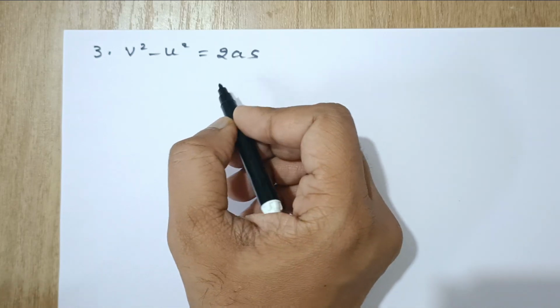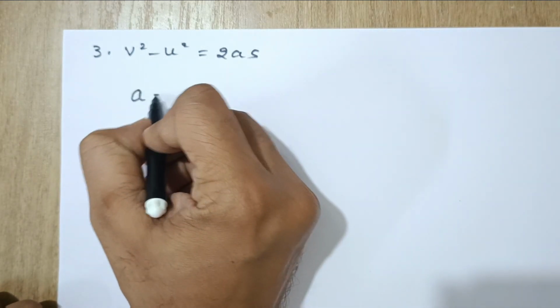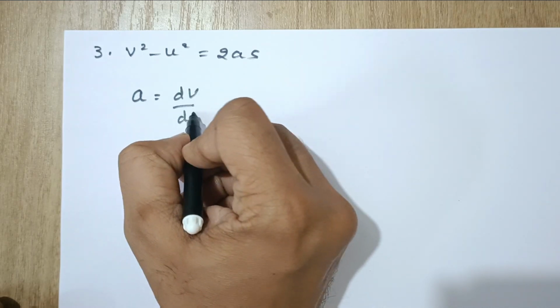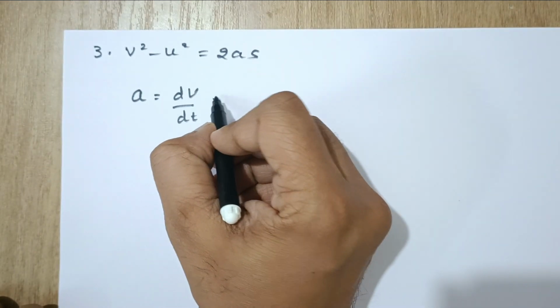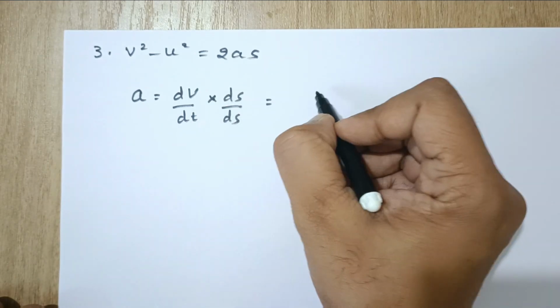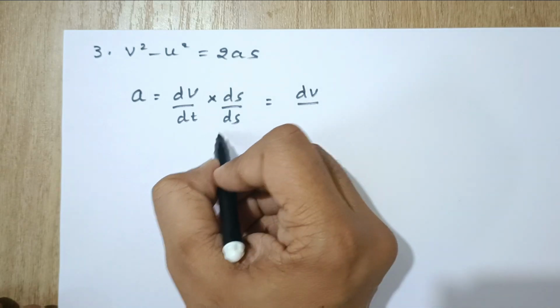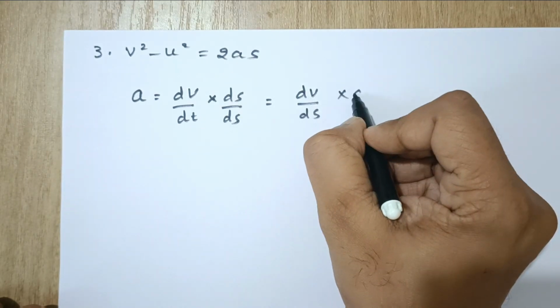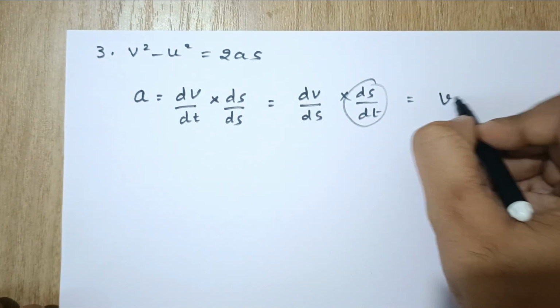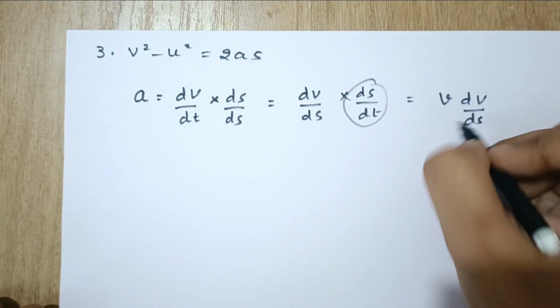So what we are going to do is, acceleration is basically dv by dt. Just a few minutes ago I said to multiply up and down by ds and rearrange it, so this becomes dv by ds times ds by dt. This is nothing but the velocity, so v dv by ds.